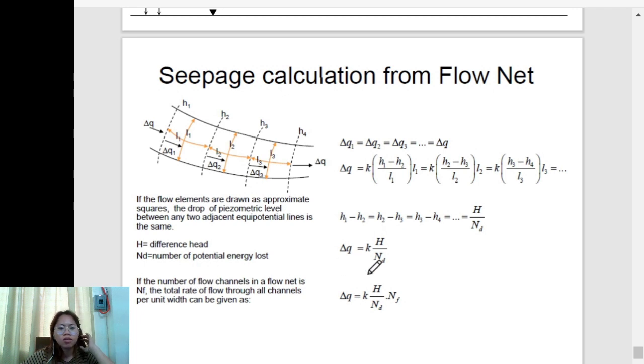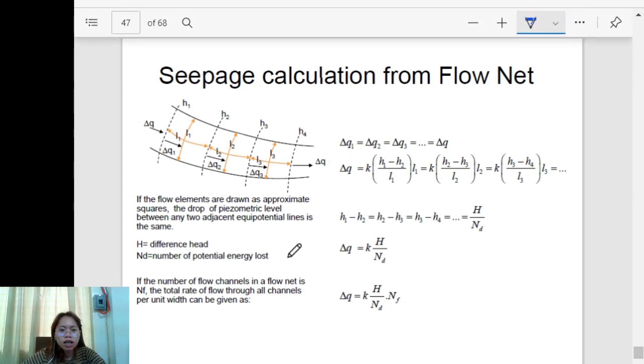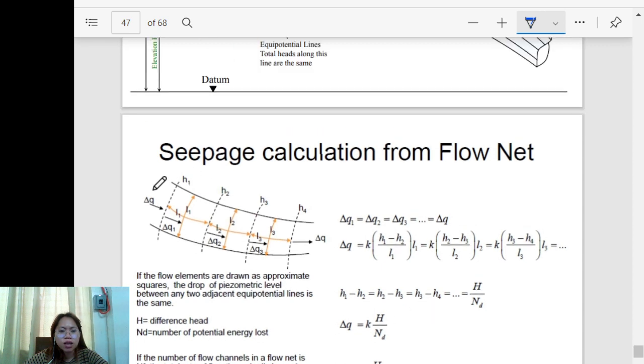If the number of flow channels in a flow net is N sub F, the total rate of flow through all channels per unit width is given as delta Q equals K, the coefficient of permeability, times H over N sub D, the number of potential drops, times N sub F, the number of flow channels.